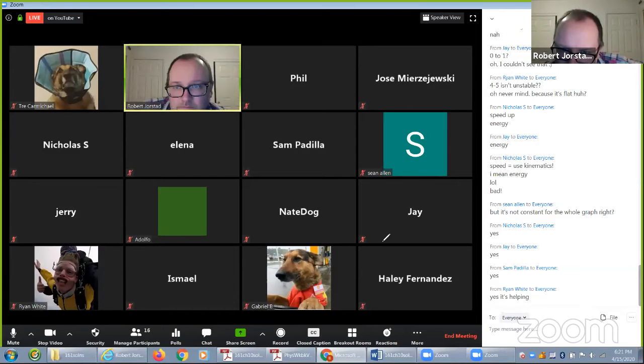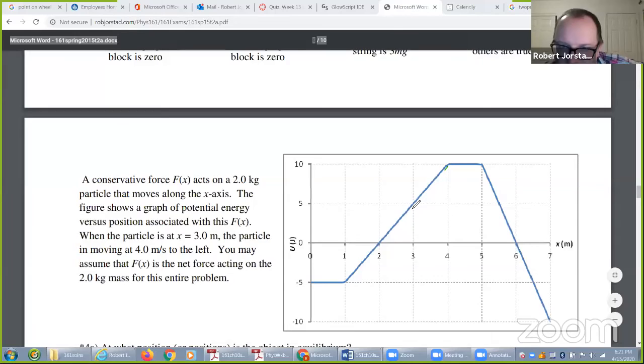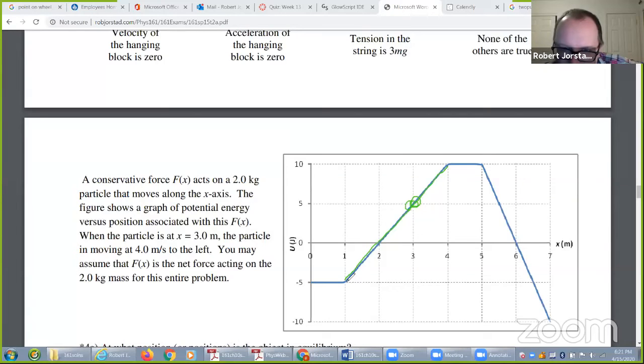It's not constant for the whole graph, Sean. You're right. So going back to Sean's question, what you could do is use constant acceleration for this section. If it starts right here at 3 and ends up down here, you could see that delta x is something like -2, because it goes from x equals this to x equals that.